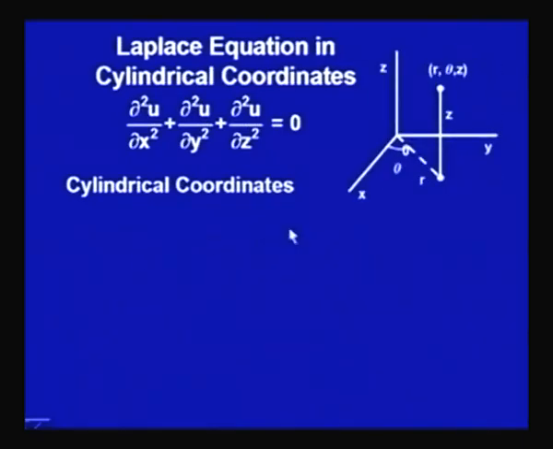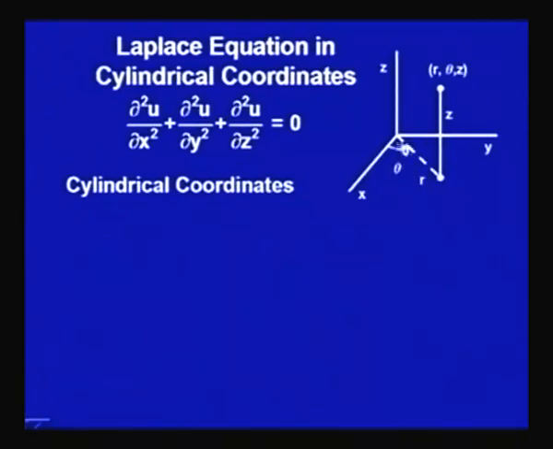As I said, if my surface has cylindrical symmetry, remember that the cylinder is circular at the base, or you can say any cross section is a circle, while the height is a straight line.